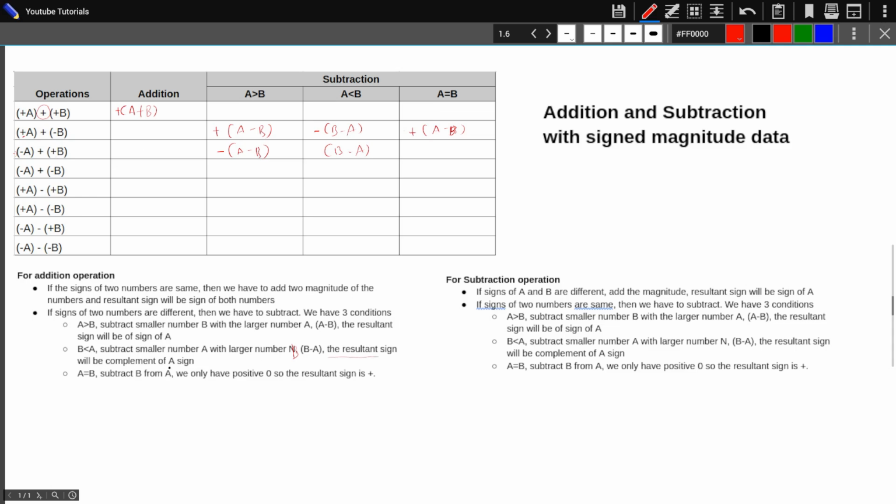The resultant sign will be the complement of the sign of A, which is negative here, so the sign now is going to be plus, and the end result is plus A minus B.